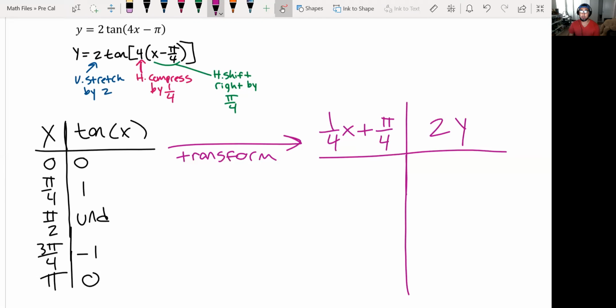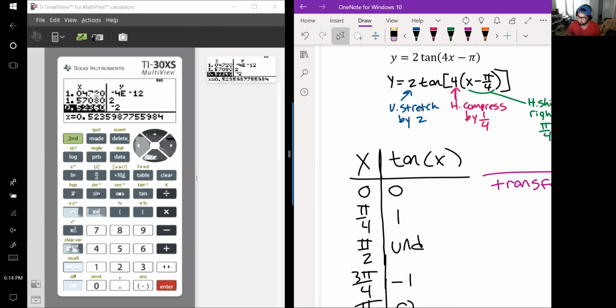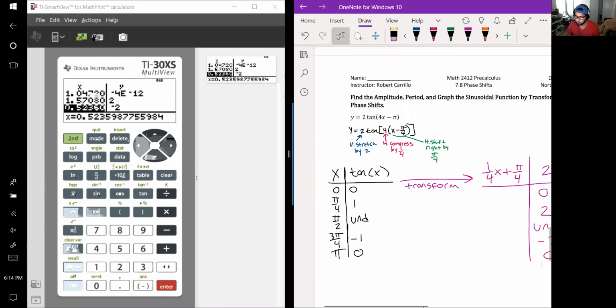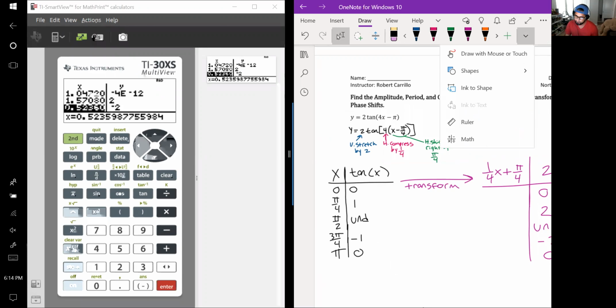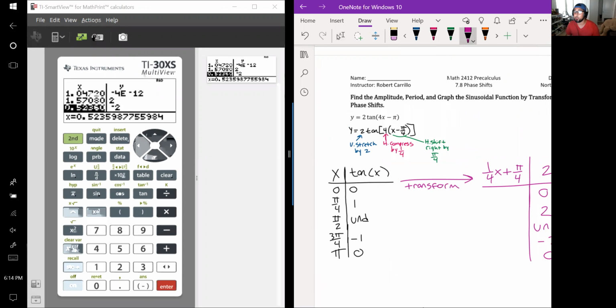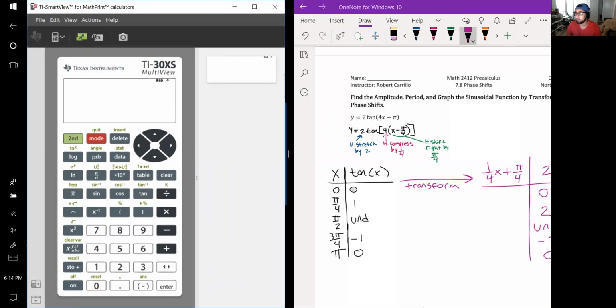So we can get those out the way already. 0, 2, undefined, -2, 0. And now for my x values, strictly calculator, unless you like doing all that fraction work by hand. I like doing it by hand, but I'm trying to save time on this video. And saving you time by showing you how to use the calculator to do the fractions.